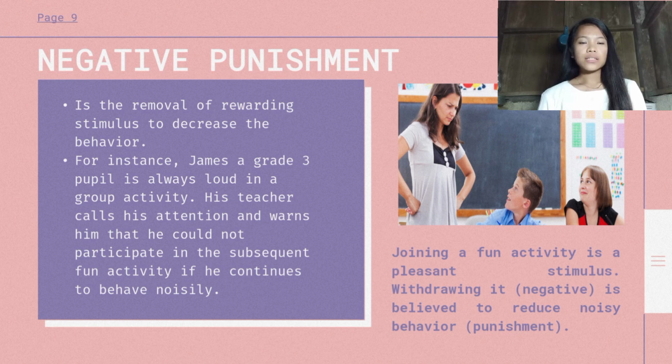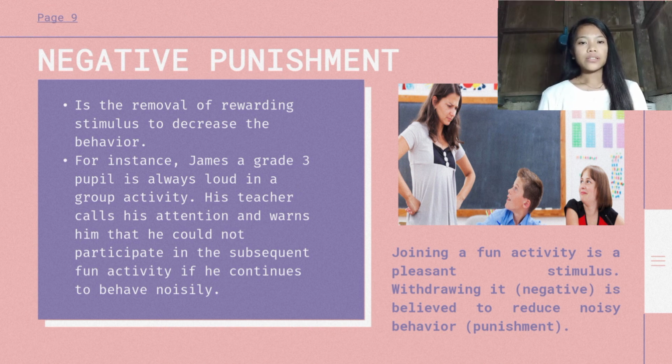His teacher calls his attention and warns him that he will not be able to participate in the subsequent fun activity if he continues to behave noisily. So here, joining the fun activity is the pleasant stimulus. However, withdrawing makes it negative, and so does the noisy behavior of the student. So not being able to join the fun activity is the student's punishment for being noisy in the classroom.